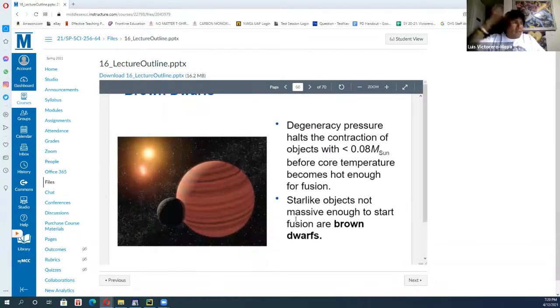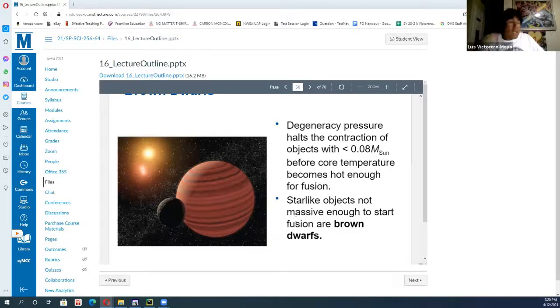So there is the threshold limit. For masses of less than 0.08 the mass of the Sun, the core cannot become hot enough for fusion. For masses below that and above 12 times the mass of Jupiter, you have brown dwarfs.